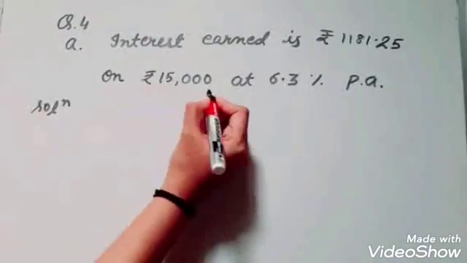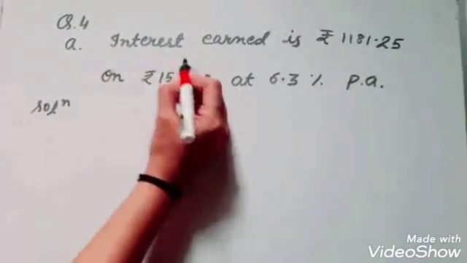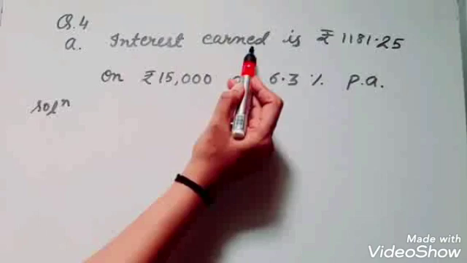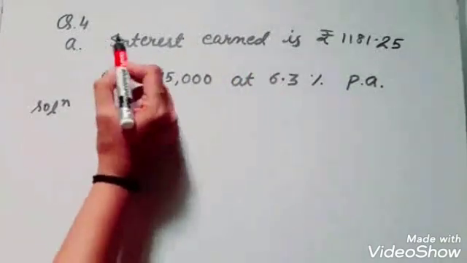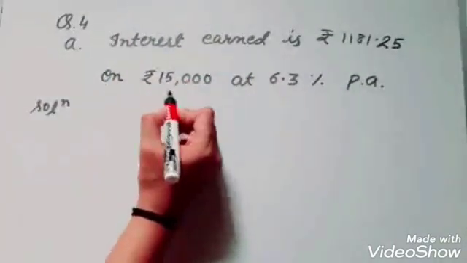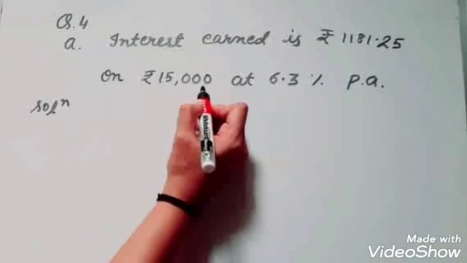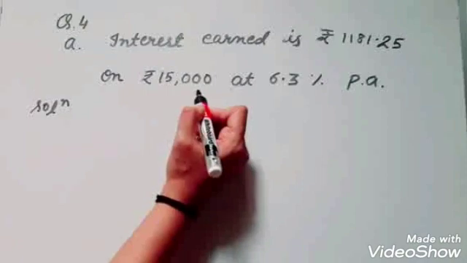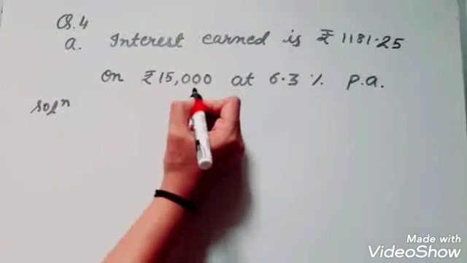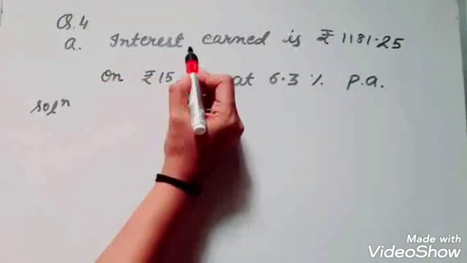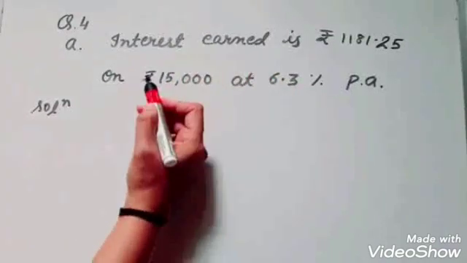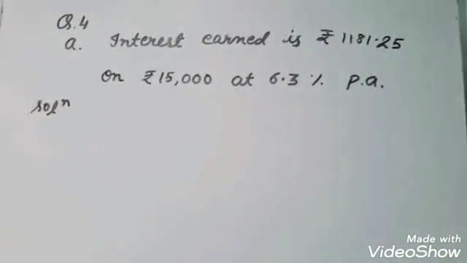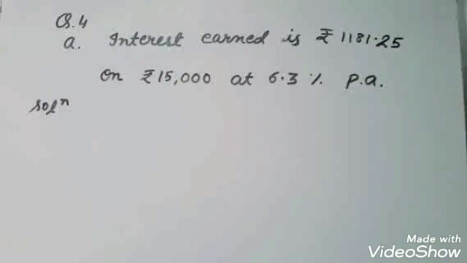So, students, it is not clear here what this 15,000 is. Interest is always earned on principal. So, this 15,000 is your principal. It is not written here, but you need to understand that this 15,000 is principal because interest is always earned on principal only.